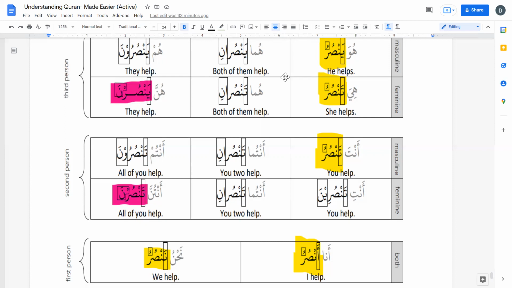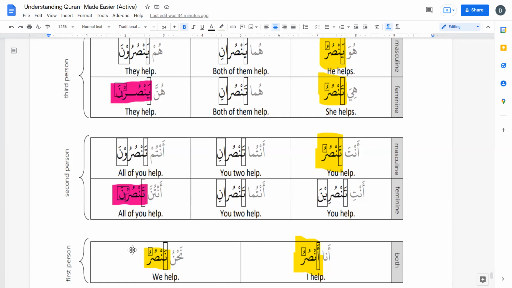Huwa yansuru, huma yansurani, hum yansuruna, hiya tansuru, huma tansurani, hunna yansurna, anta tansuru, antuma tansurani, antum tansuruna, anti tansurina, antuma tansurani, antunna tansurna, ana ansuru, nahnu nansuru.